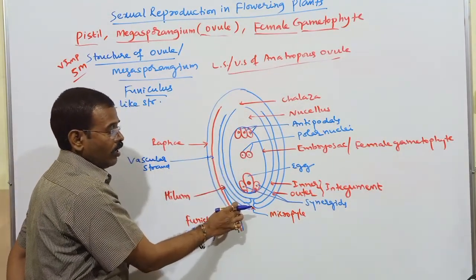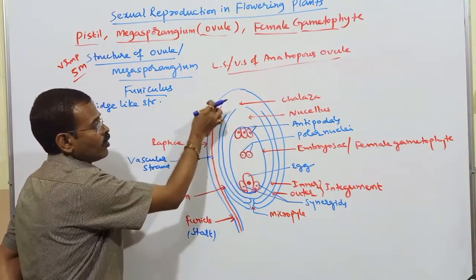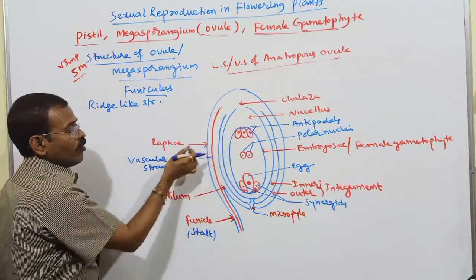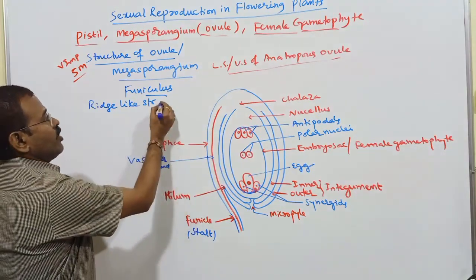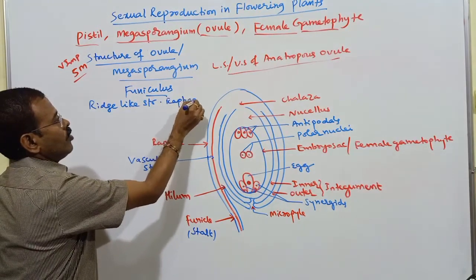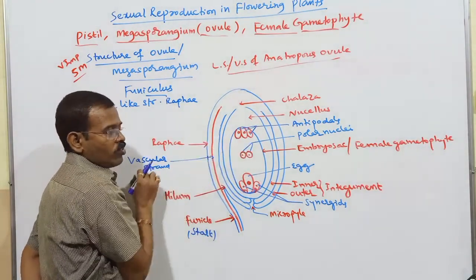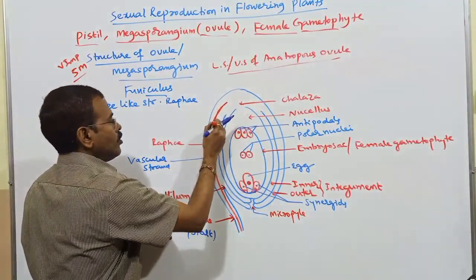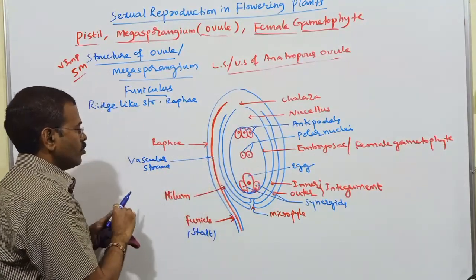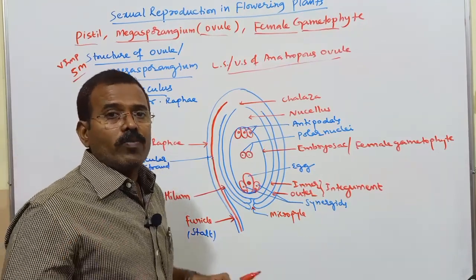It continues beyond the hilum. This ridge-like structure, formed by the fusion of funiculus to the ovule on one side, we call raphe. And this is a vascular strand.